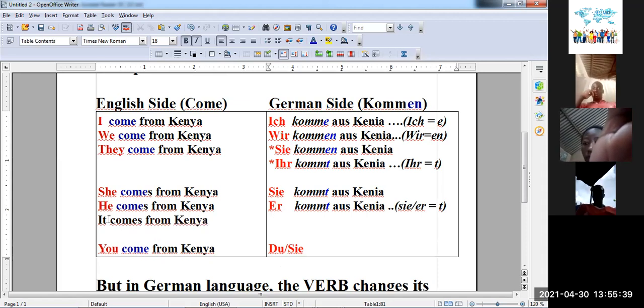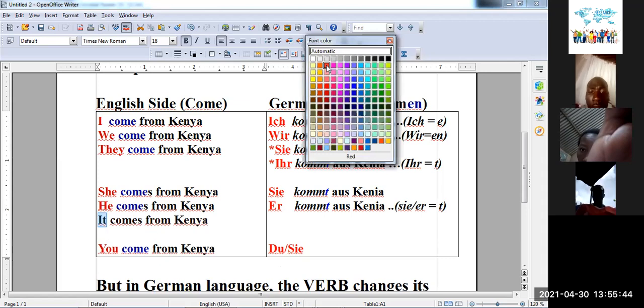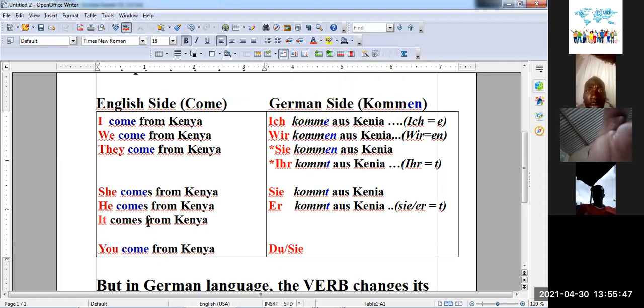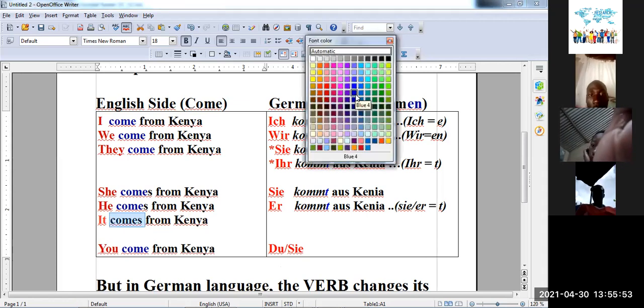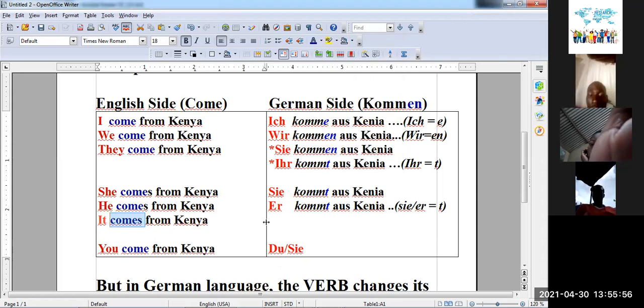We are going to say it comes from Kenya. Okay? The same comes. So, for things which are not human, pets, dogs, books, phones, computers, we say it. And it in German is es. Take note of that. Es.